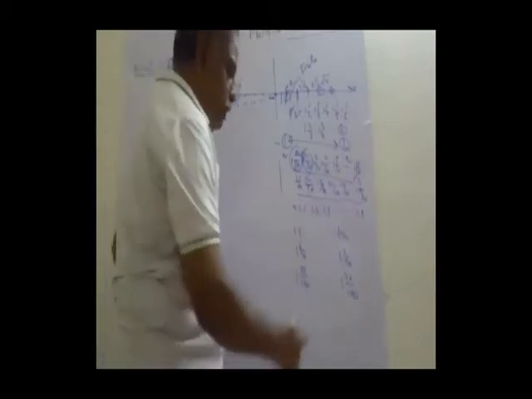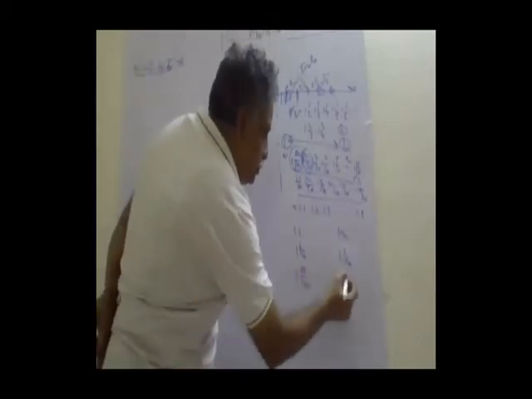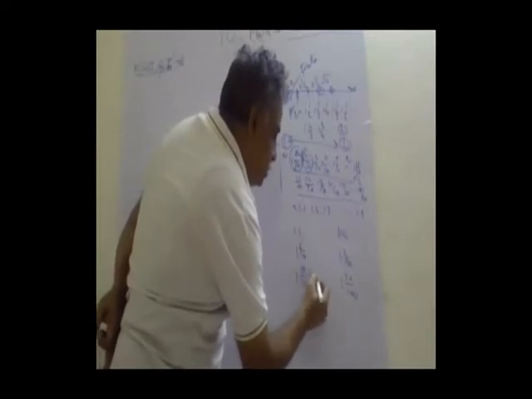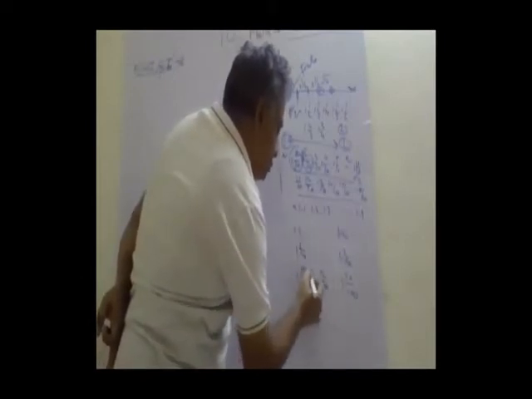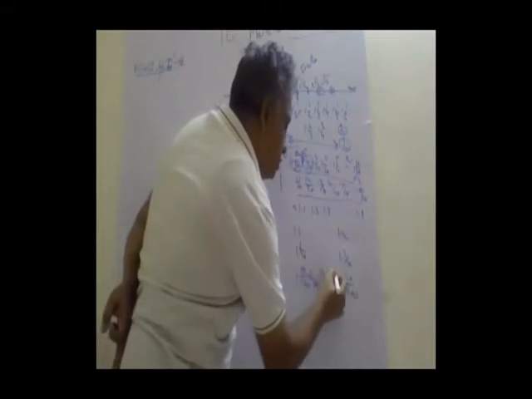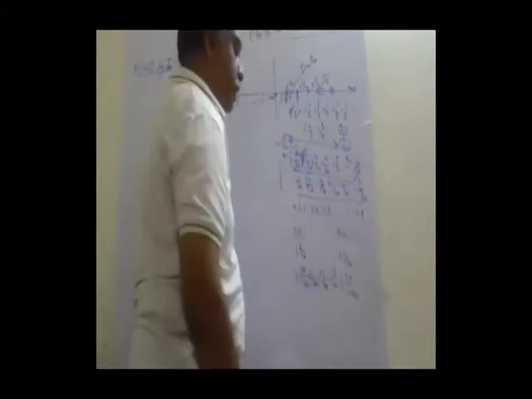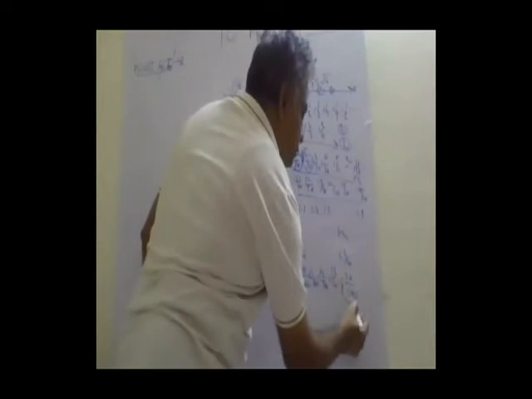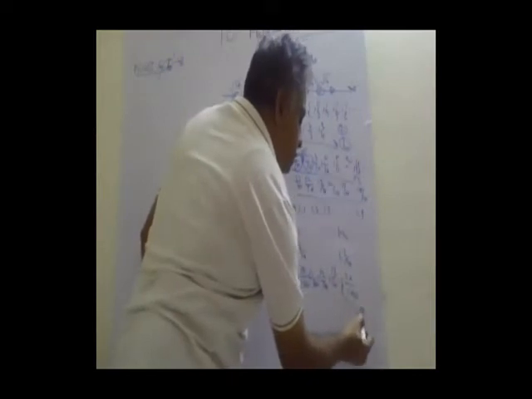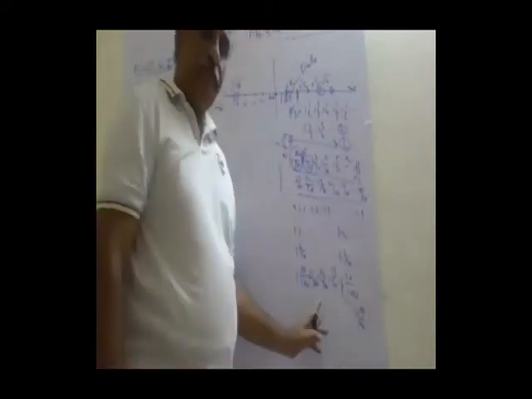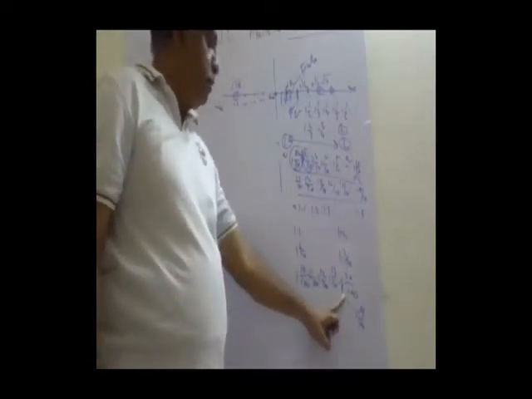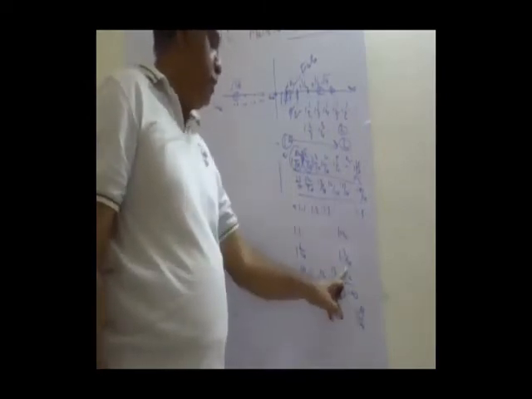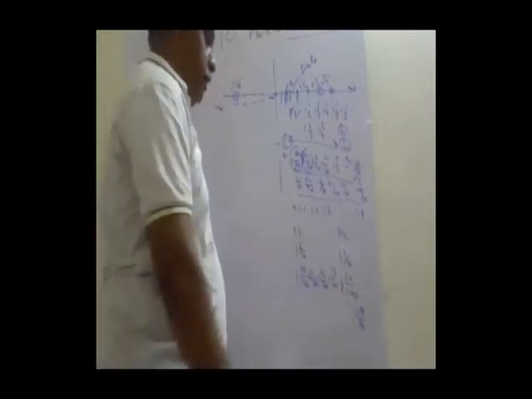Now I can add another 1 11/100, 1 12/100, 1 13/100, like that I can add, and the last is 1 19/100. See, I have added another 10 numbers between 1 10/100 and 1 20/100.